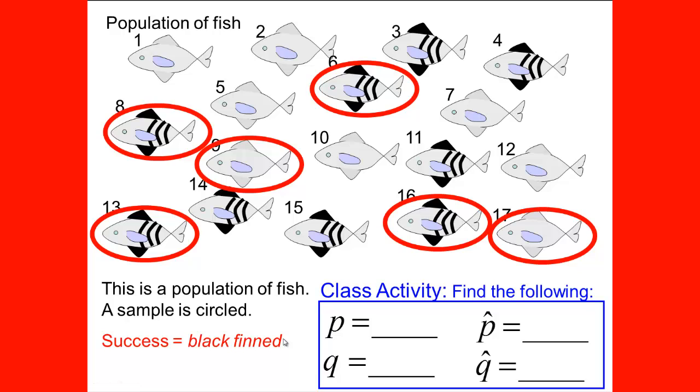Now, what does the selected sample of fish tell us? It would tell us our sample. For Mrs. Borlaug's sample, we have circled or sampled 6 fish, out of which 4 have black fins.